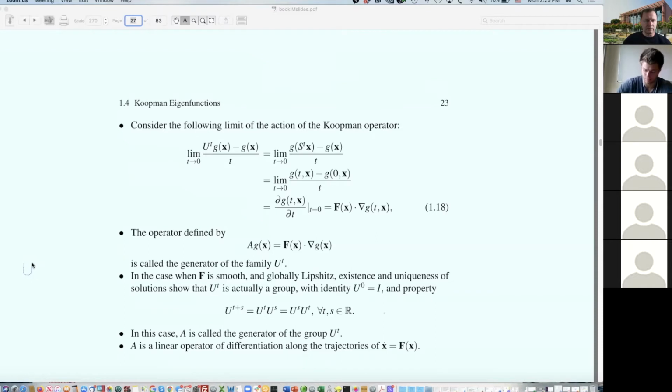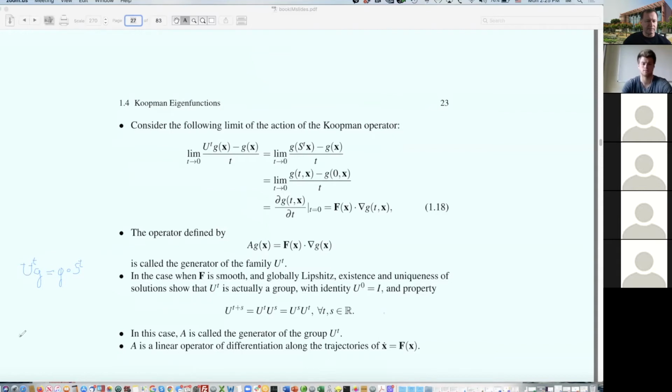Ut g is g composed with St. And what is St?